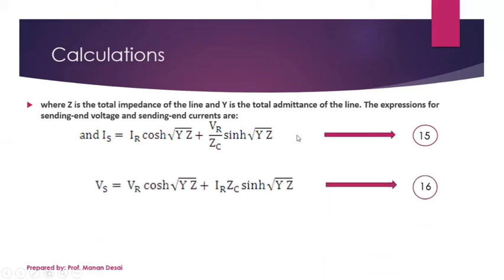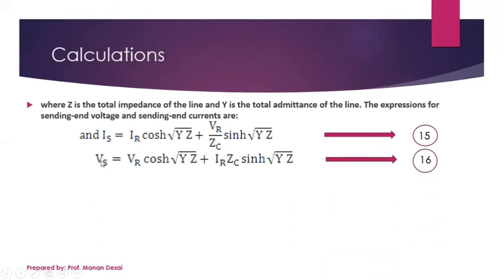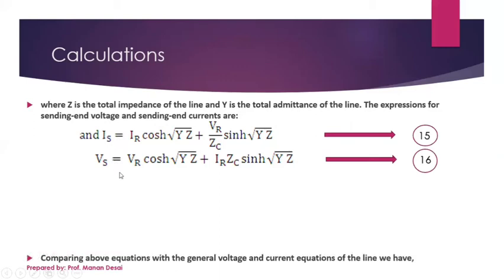This is equation number 15. Similarly, sending end voltage is equal to receiving end voltage cosh under root YZ plus IR ZC sinh under root YZ. So we got the sending end current and voltage in terms of the receiving end current and voltage.